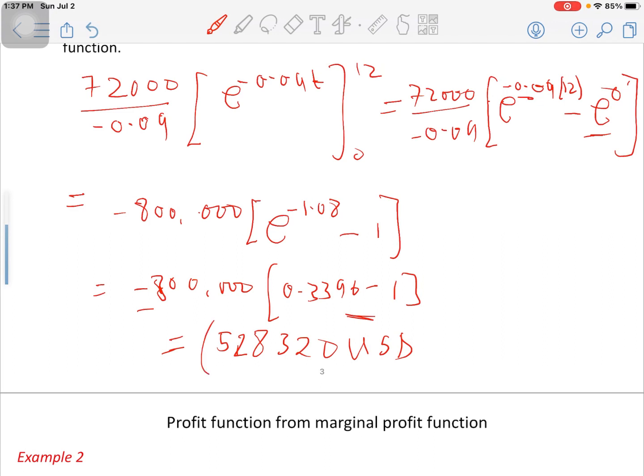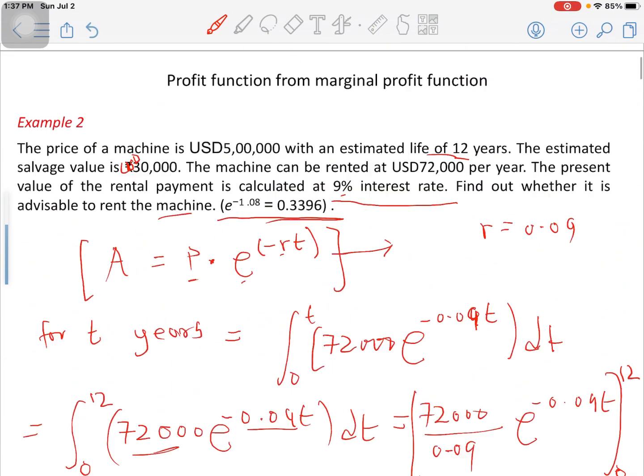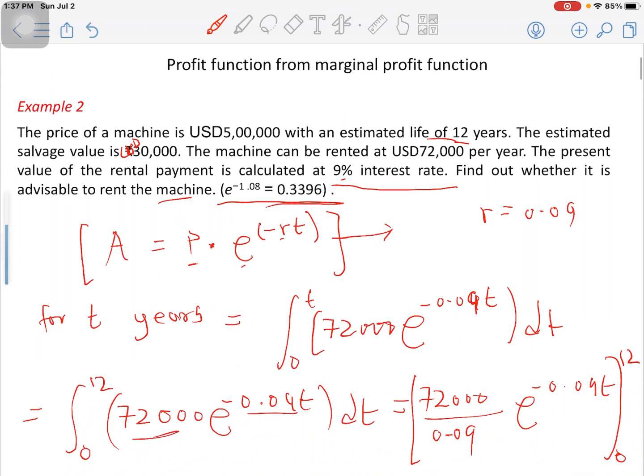So this is at the end of the day the value that we are going to get at the end of the 12 years, the cost that we are going to incur. So the cost of the machine, when you compare them, is actually 500,000. The cost of the machine is actually 500,000 when you buy it, the price of the machine right now, and then the residual, the salvage value, is 30,000.